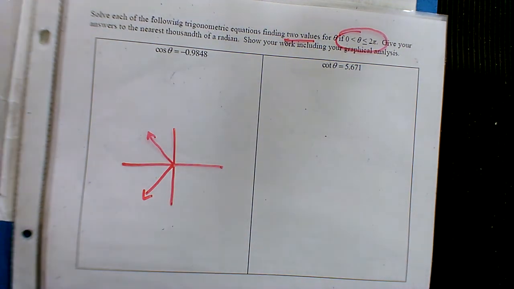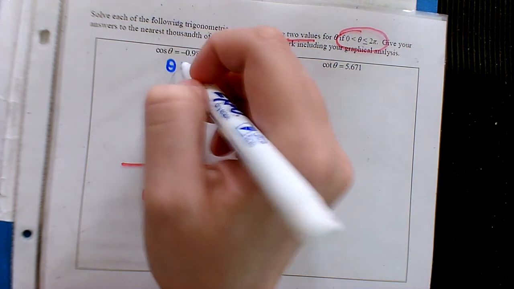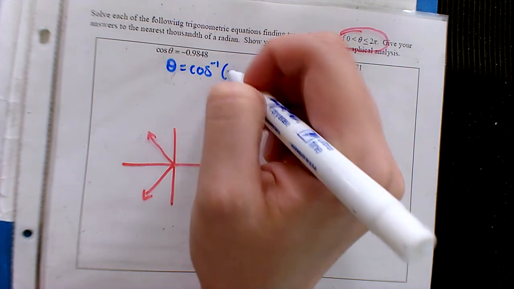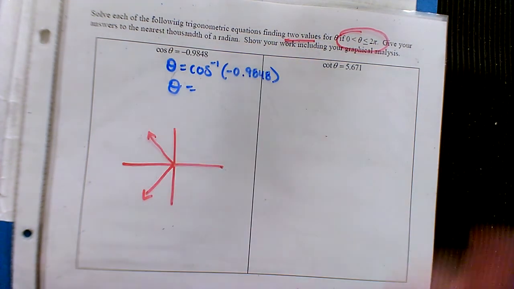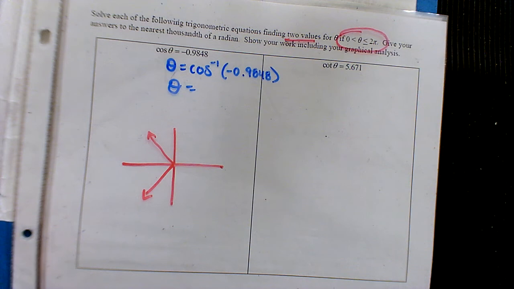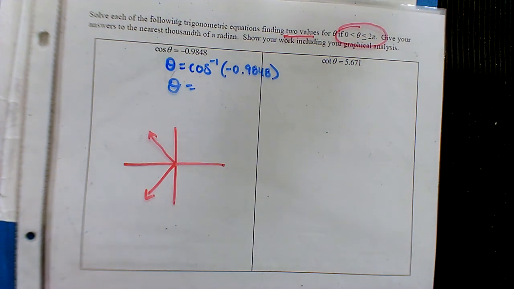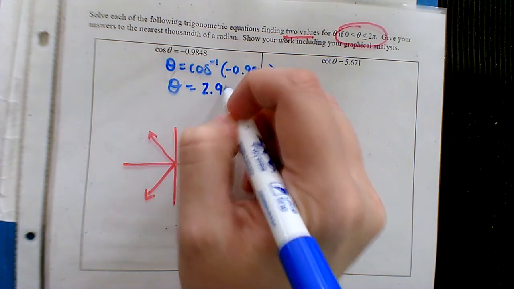All right, let's go ahead and utilize our calculator to move the cosine over. What'd the calculator give you? 2.967.